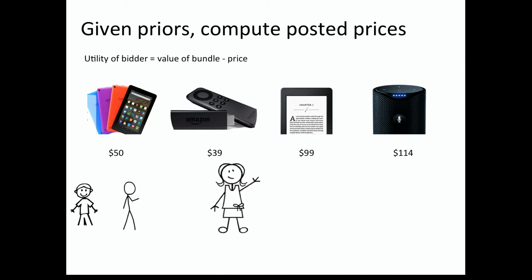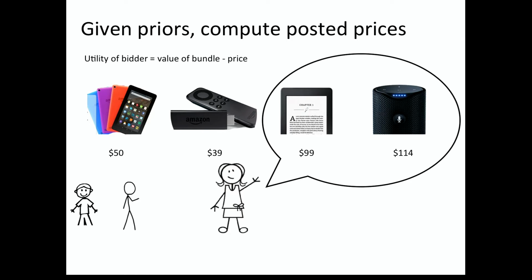Okay? So they post a set of prices, one for each item, and allow the bidders to come in, and when a bidder comes in, they choose their favorite bundle, given the prices. So perhaps her utility for this is her value for those two items minus those two prices. And then they keep coming in, and whoever wants to picks whatever they want, their favorite bundle.